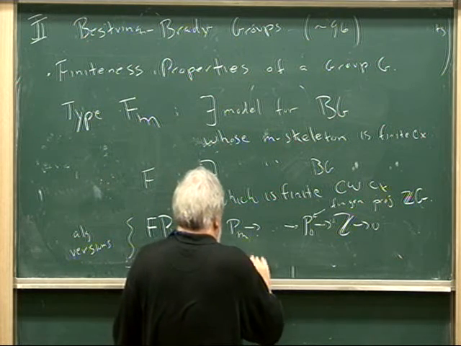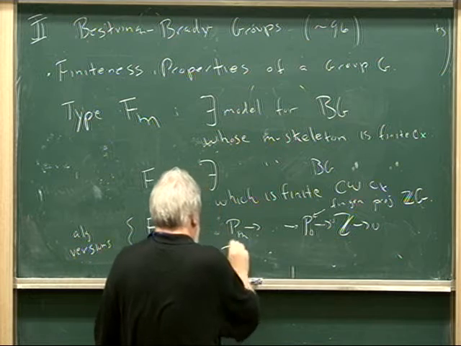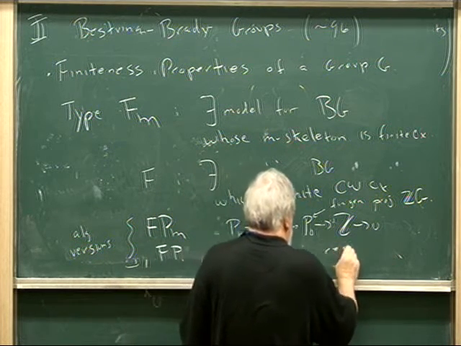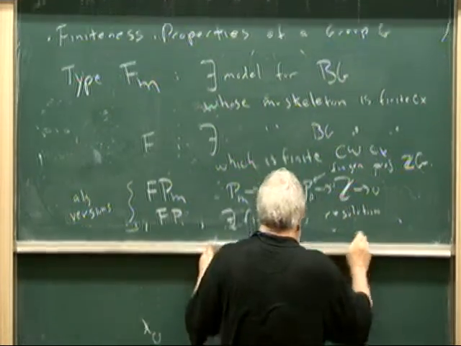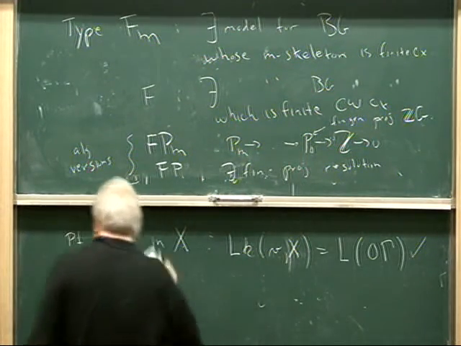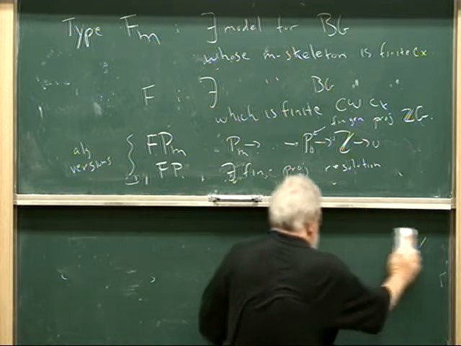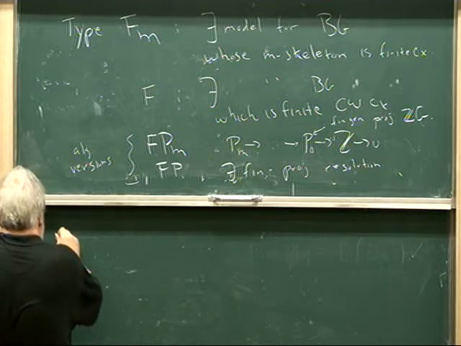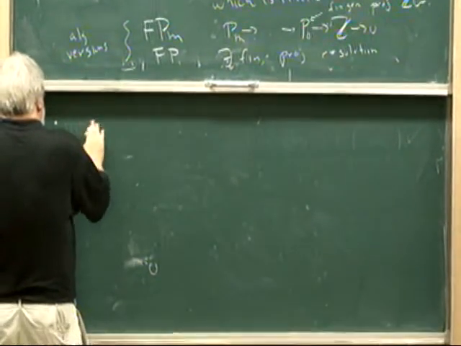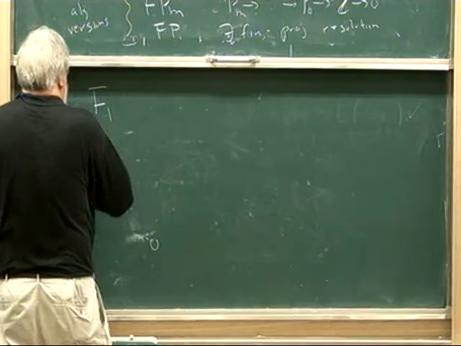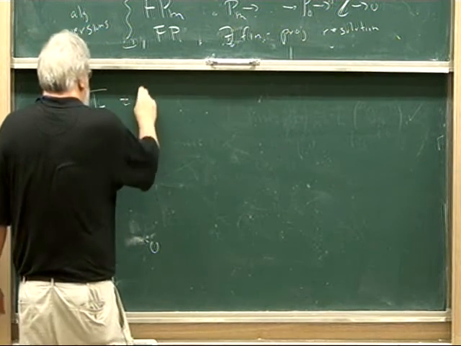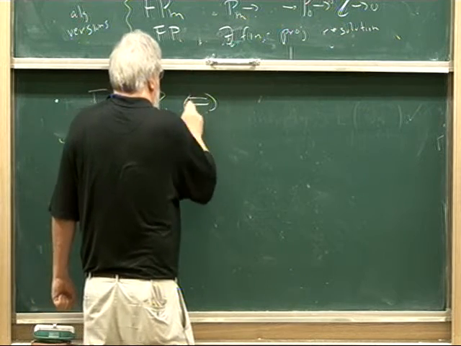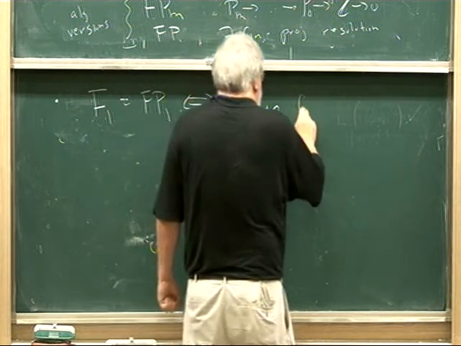It means there exists a finite resolution by finitely generated projectives. So here was the standard thing people said. I can remember this being said as a problem, even before they did it. So the first thing you said is that type F1 turns out to be the same as type FP1, and that's the same as saying the group is finitely generated.